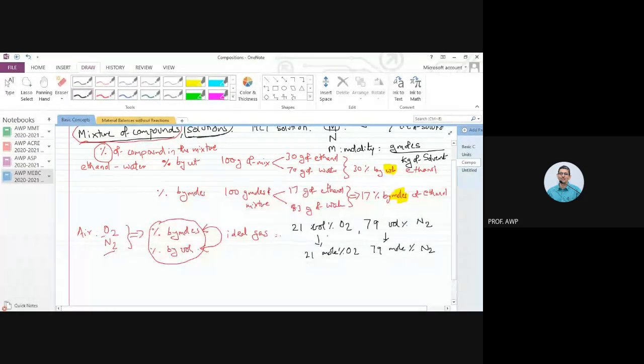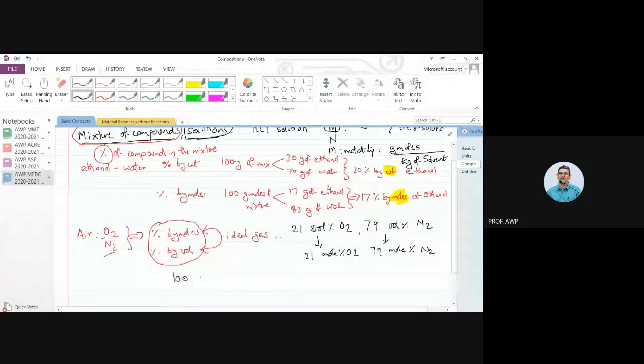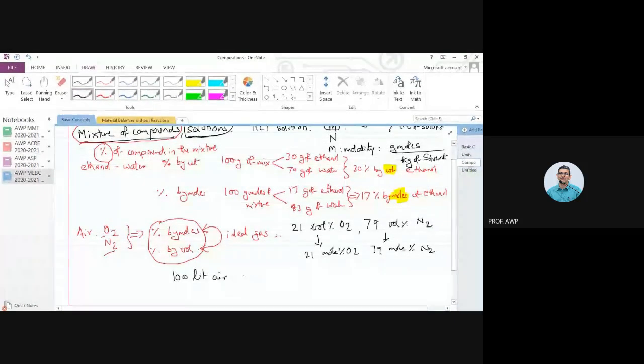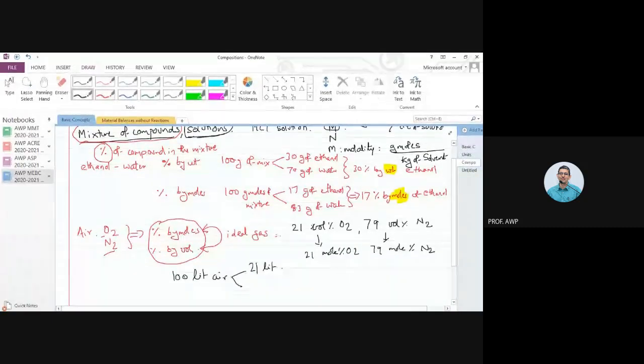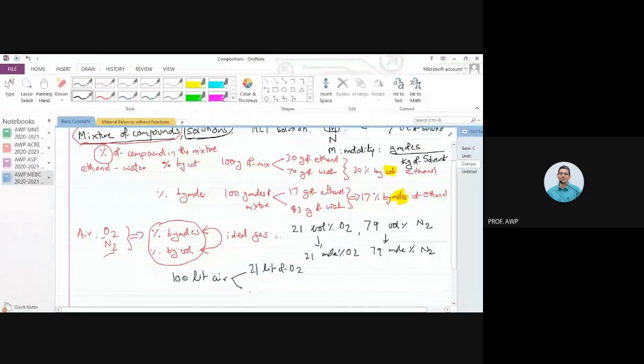Why? Because if I take 100 liters of air, a solution of gases, we have 21 liters of oxygen and 79 liters of nitrogen.